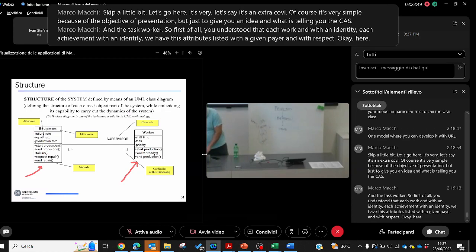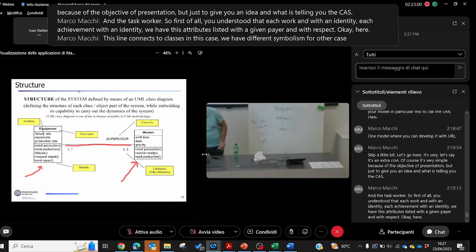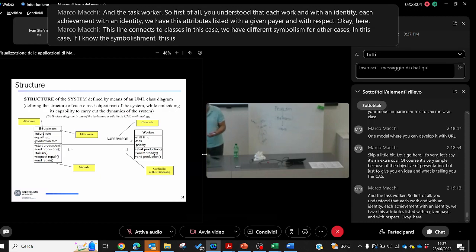Then there is this line that connects the two classes. In this case, we have different symbolism for other cases. If I know the symbolism, this is a kind of relationship which is an association. Among the ones I mentioned is the association.